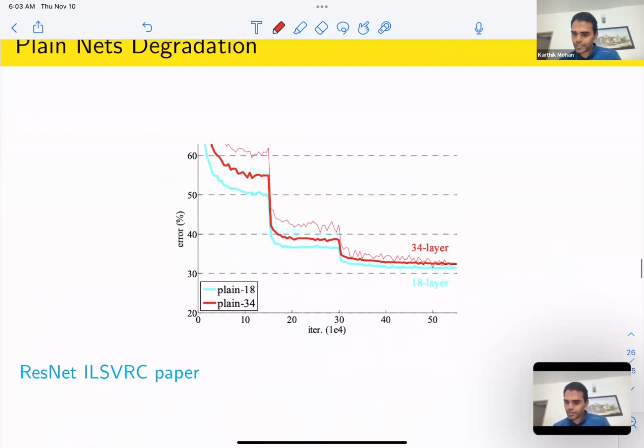So I've referenced the ResNet ILSVRC paper, which we'll be referencing throughout this lecture. And this one is the model that won the 2015 ILSVRC challenge. So the motivation here is if you just take two CNNs, so this is an 18-layer CNN network and a 34-layer CNN network with all the convolutions.